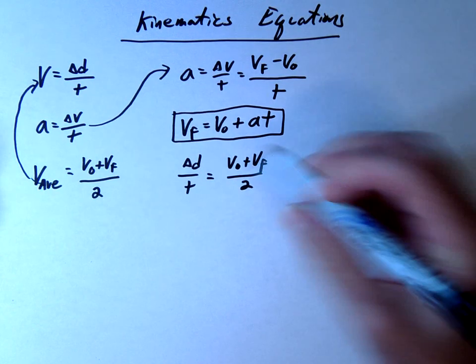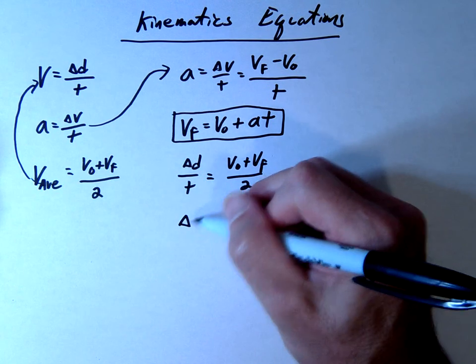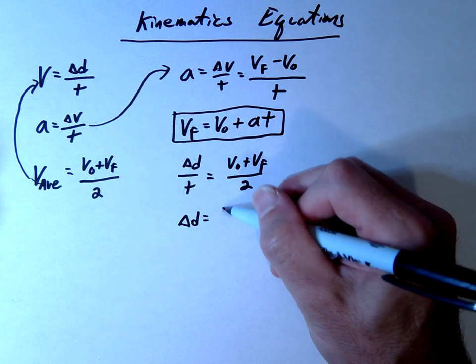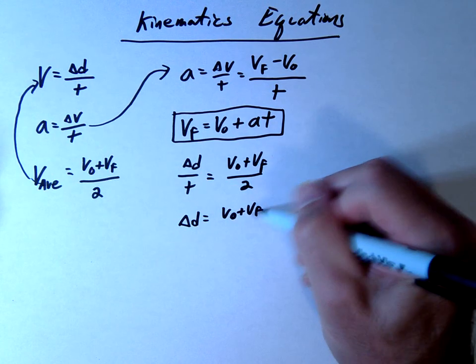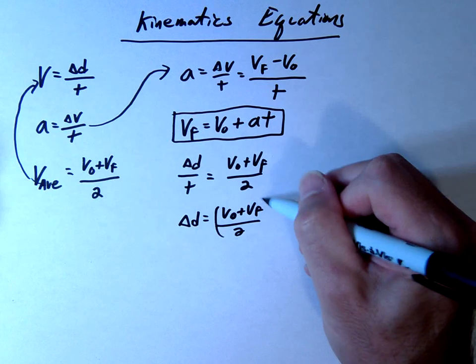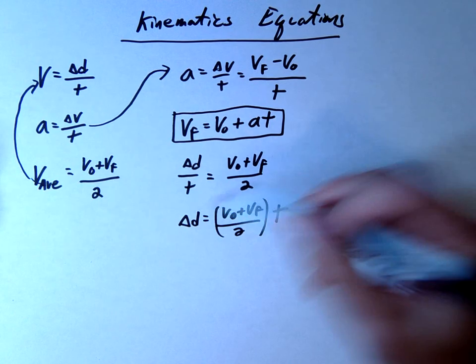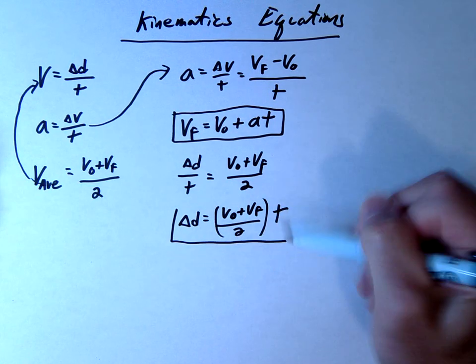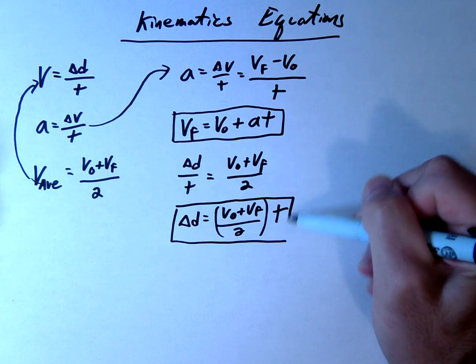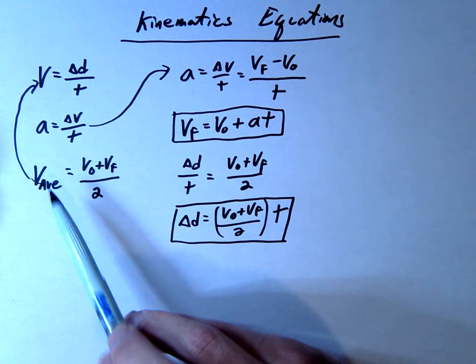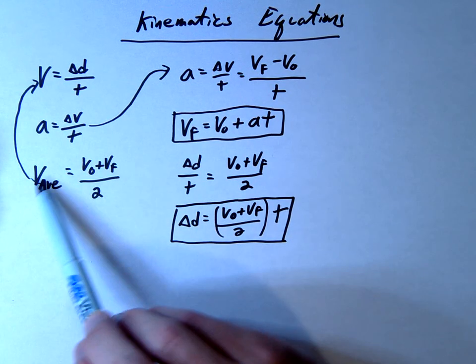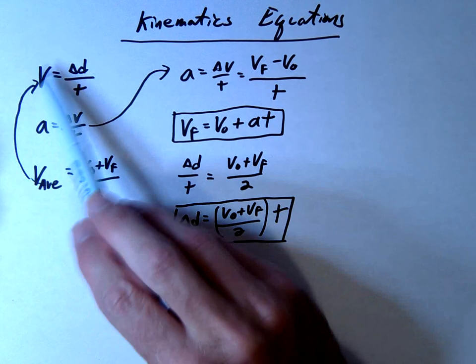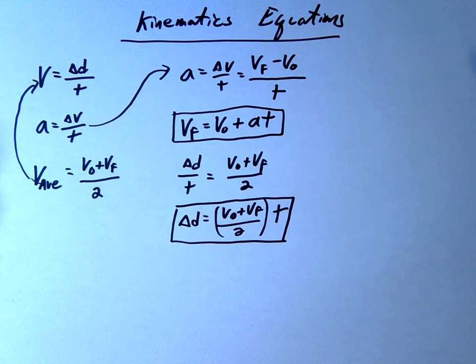And if we then multiply both sides by t, we get delta d equals vo plus vf over 2 times t. So this was our equation of motion number 2. And again, this is the combination of this v average definition and the definition of velocity.